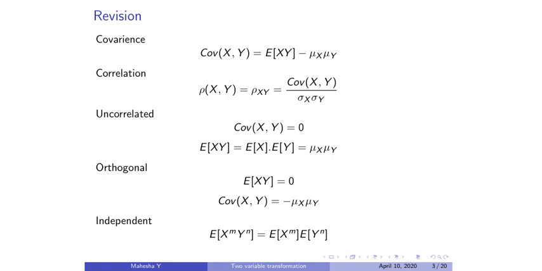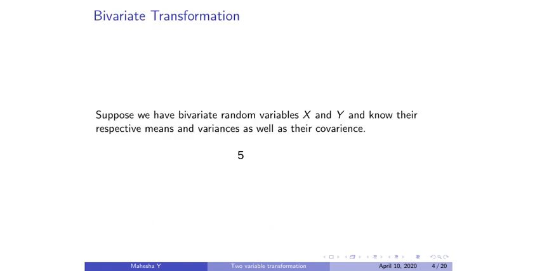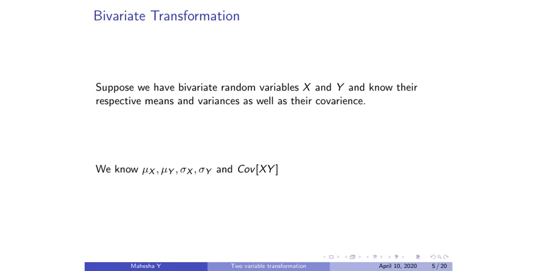Moving to the next topic, that is what is a bivariate transform. Suppose we have a bivariate random variable x and y and know their respective means and variances as well as their covariance, that is, we know mu x, mu y, sigma x, sigma y and covariance of xy.